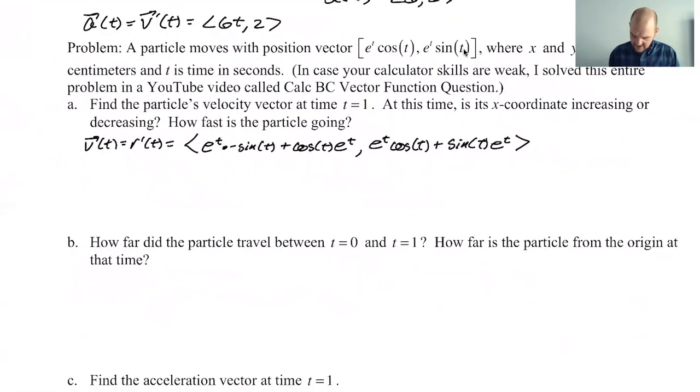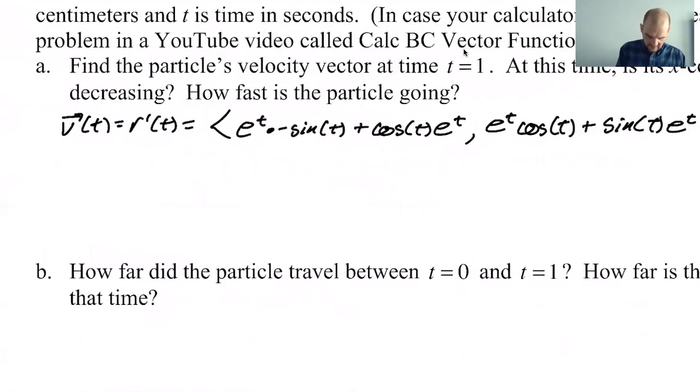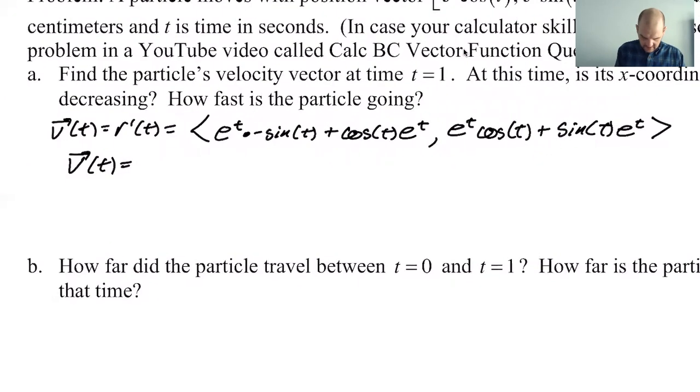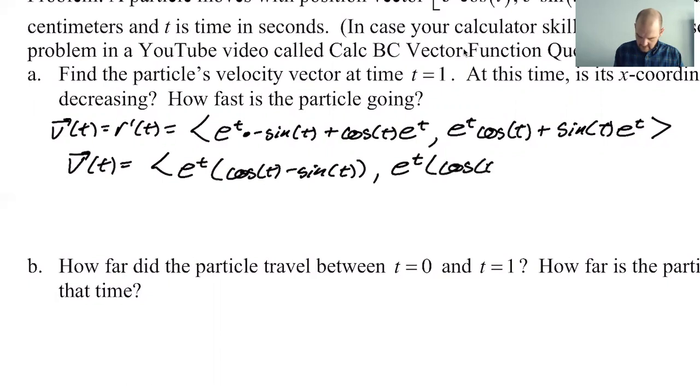At this time, is its x-coordinate increasing or decreasing? How fast is the particle going? All right, so this is annoying. So v of t is how fast. I'm going to have to find the speed. That's unpleasant. So e to the t, cosine minus sine, comma e to the t, cosine plus sine.